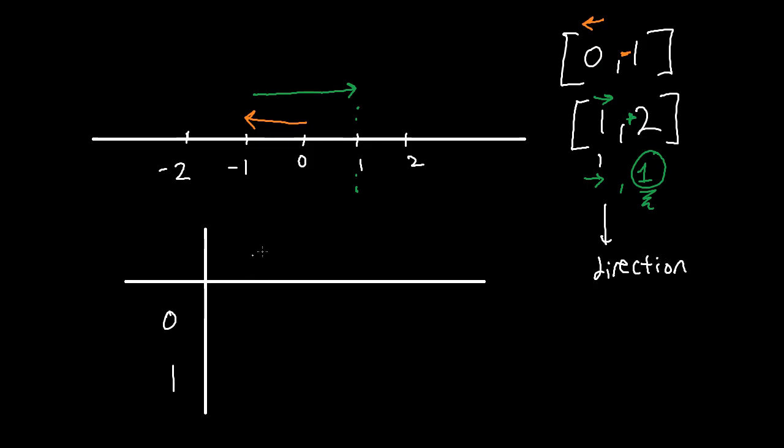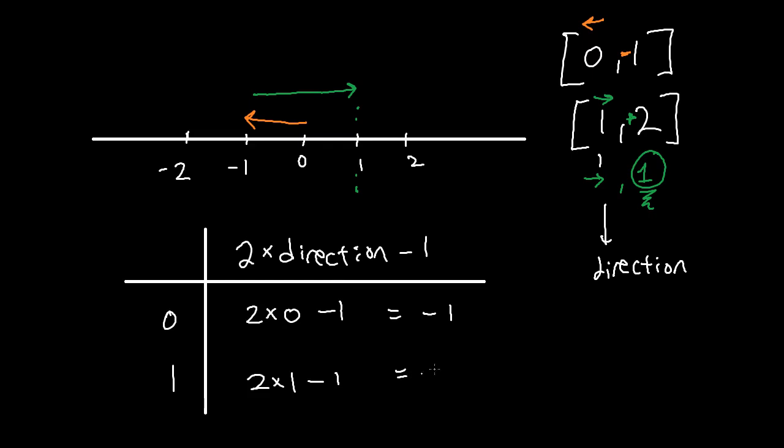We're going to do 2 times the direction minus 1. So in 0, we're going to get 2 times 0 minus 1, which is going to equal -1. And with 1, we're going to get 2 times 1, which is equal to 2, minus 1 is going to give us 1.